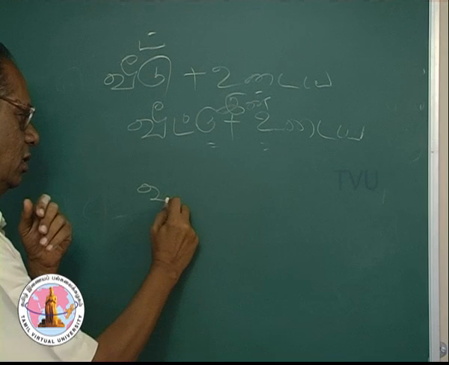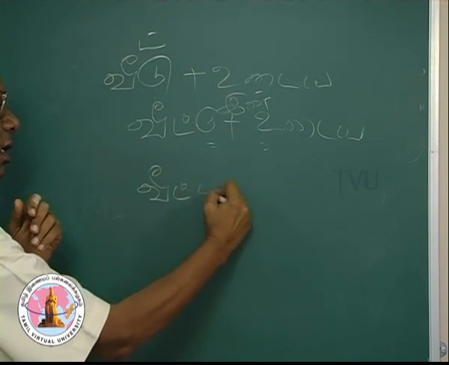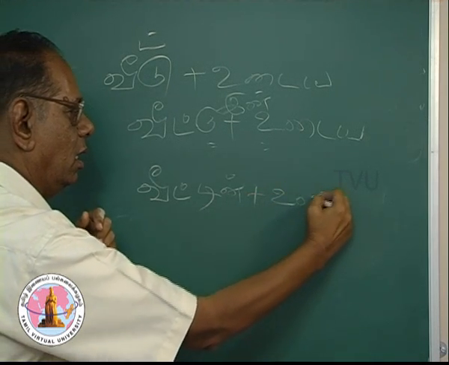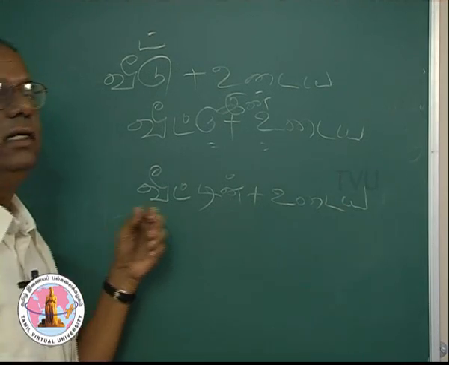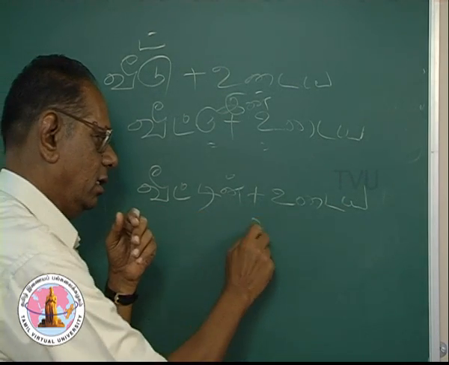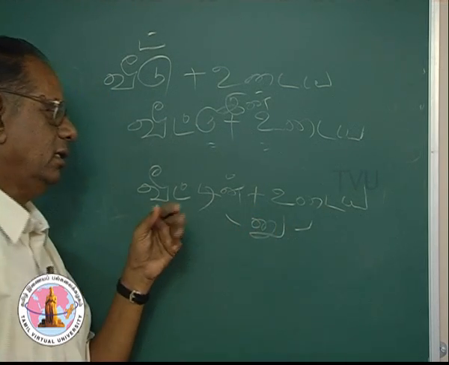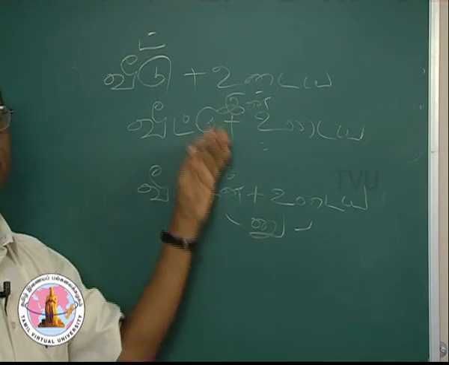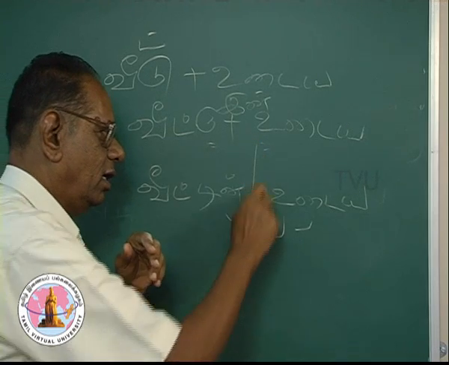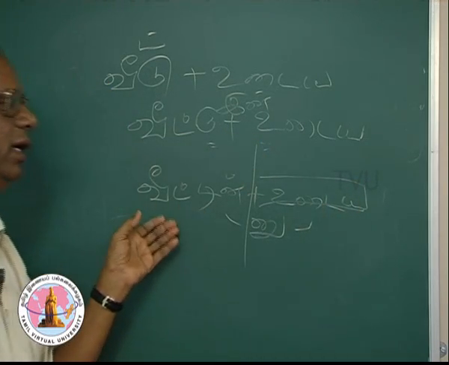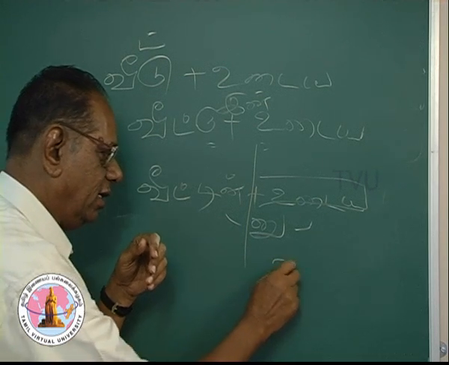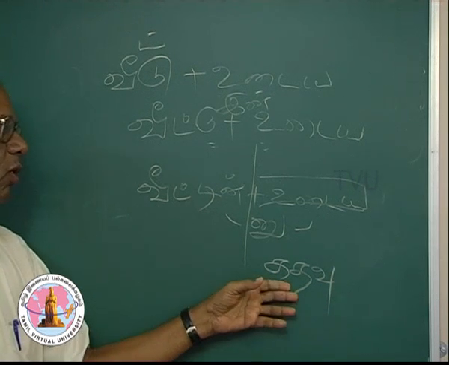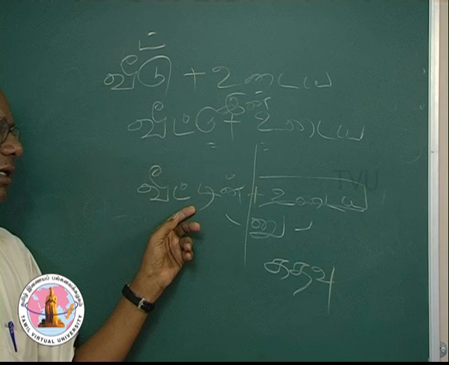It becomes வீட்டின் உடைய. Together it became வீட்டினுடைய. Again the same formula we follow and we drop this. வீட்டின், of the house. வீட்டின் கதவு, door of the house.